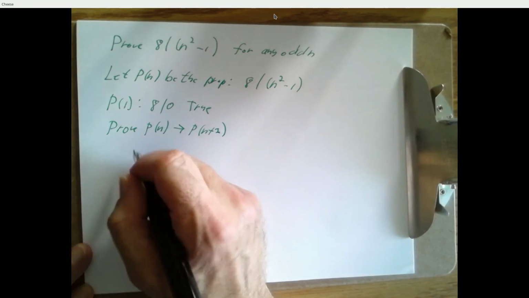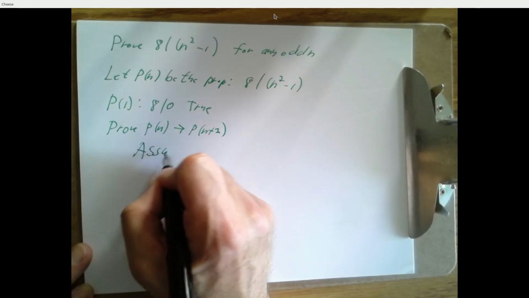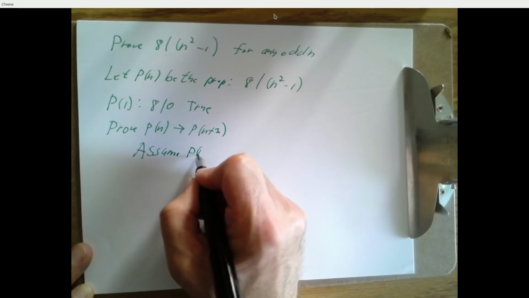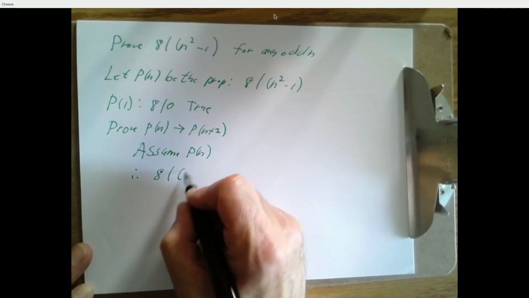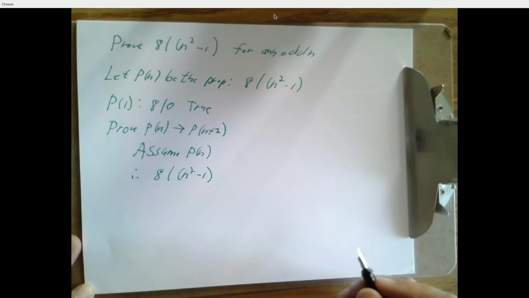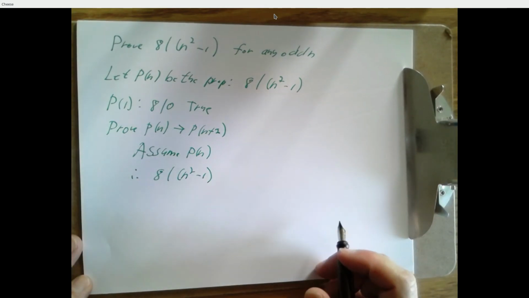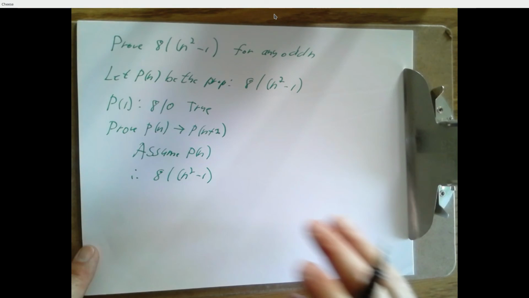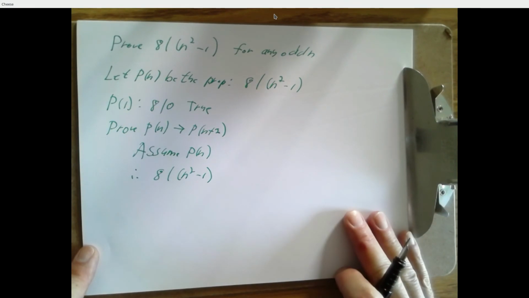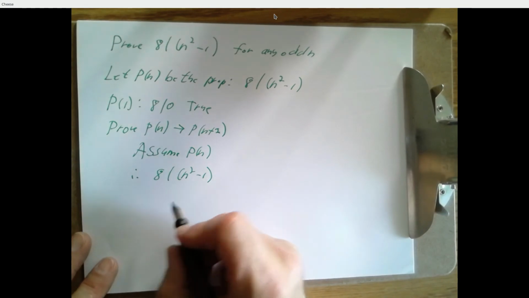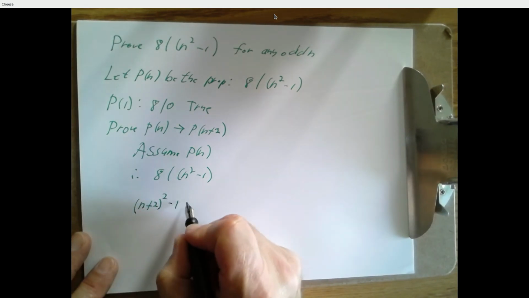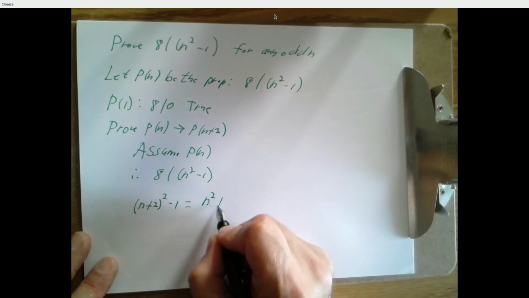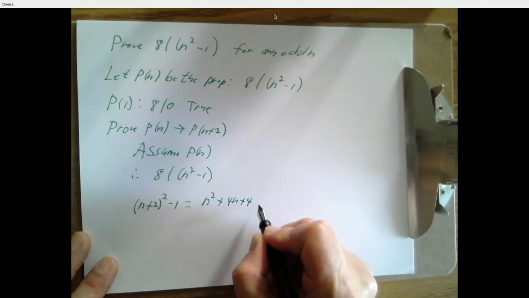So suppose P of n, so 8 divides n squared minus 1. Well, I know P of n plus 2 is trying to talk about n plus 2 squared minus 1. We want to show that's divisible by 8. So let's just do some algebra. N plus 2 squared minus 1 equals n squared plus 4n plus 4 minus 1.